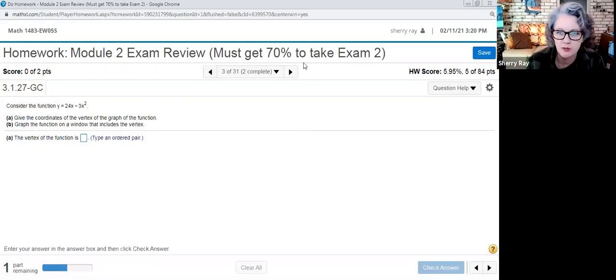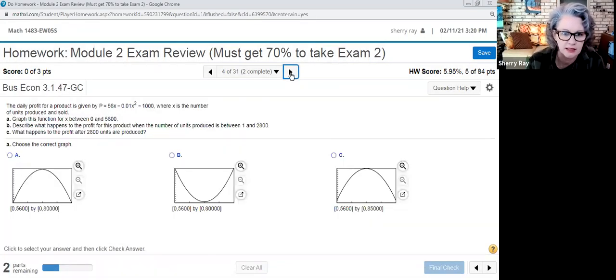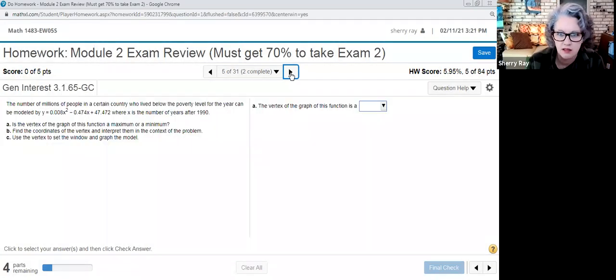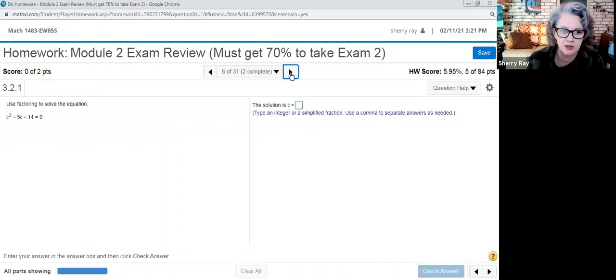Okay, I want to do a problem. I'm going to skip around and try to do a problem where we use Desmos to find our x coordinates. Okay, here's a good example. Now, you can do this without factoring, okay? What I'm going to do is type this into my Desmos calculator.